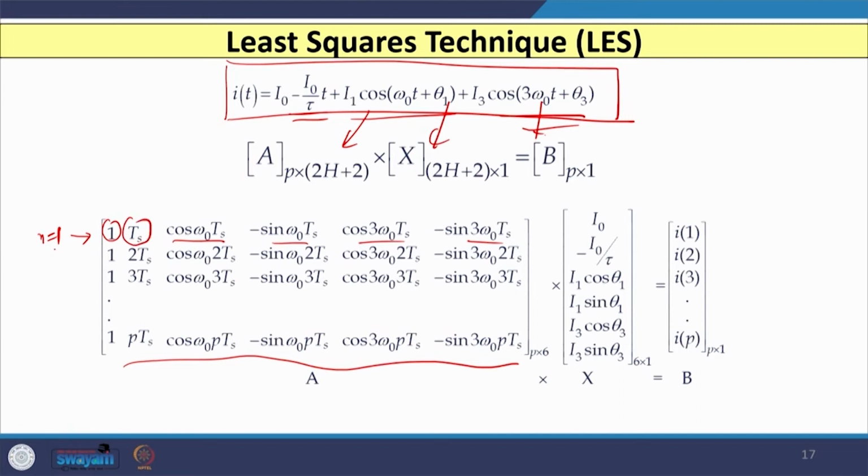In the same way, when n is equal to 2, this term is added, and as you go up to P, this term is added compared to the earlier one. Moreover, in the unknown matrix X, this term is also now available. So, the number of unknowns is more than the earlier one, and the size of matrix A also changes, whereas the size of matrix B remains as it is.